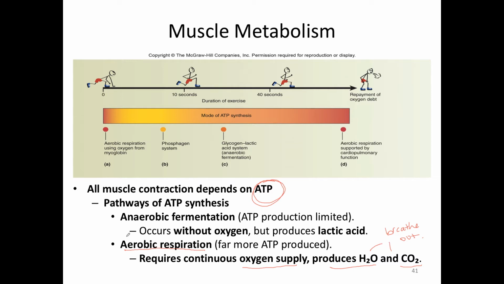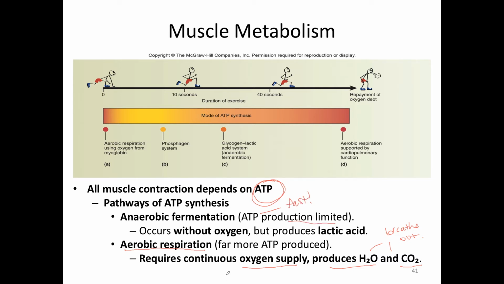So at low activity levels to resting, you do aerobic respiration with your muscles. Anaerobic fermentation occurs when you are really stressing the system and you are demanding ATP be produced faster than you can provide oxygen for the production of it. So there's a supply and demand issue here. But luckily for you, you can do the quick and dirty ATP production, which is where you can make ATP really fast, but not that much of it.